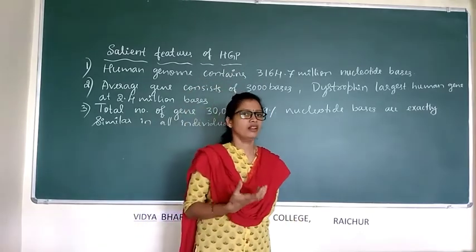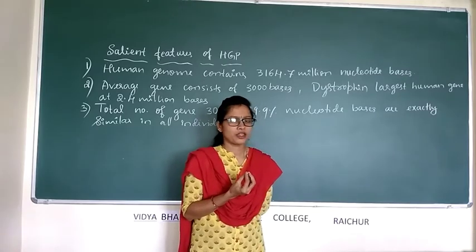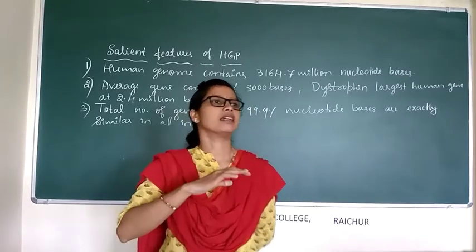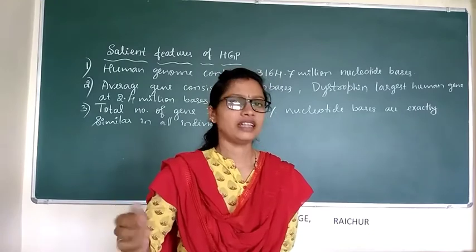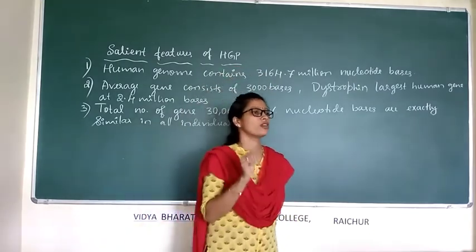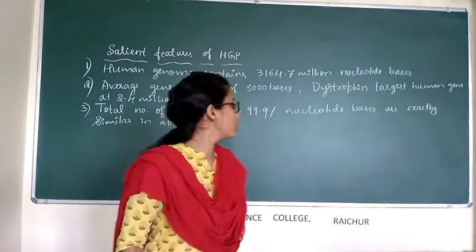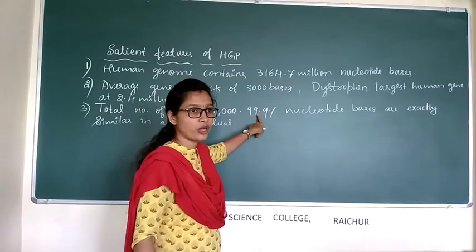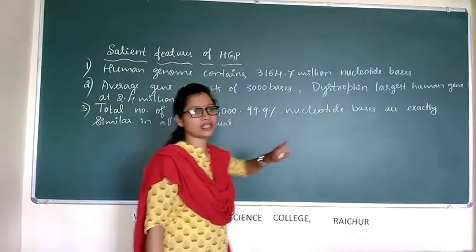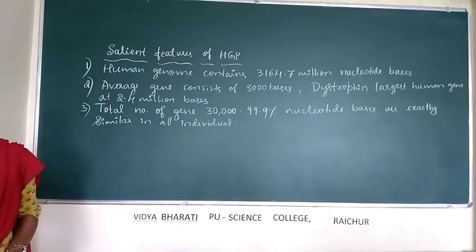For example, the shape of the face, the shape of the nose, the shape of the body is different, right? Such differences are mainly due to difference in 0.1% nucleotide bases, because 99.9% nucleotide bases are exactly similar in all individuals.